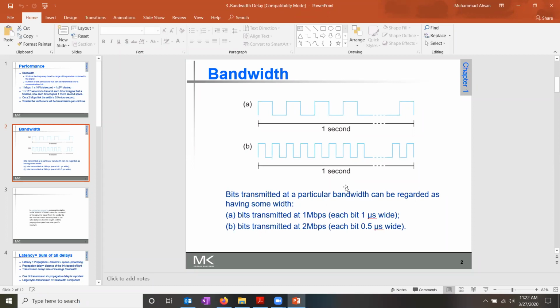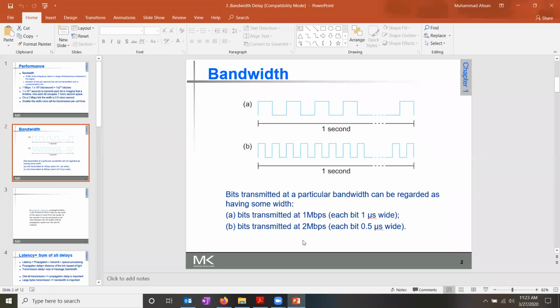In the first diagram, bits are transmitted at 1 megabit per second. 1 megabit means 1 over 10 raised to the power 6, so every bit is 1 microsecond wide. It means the width of the bit, or the TB, the bit duration, is 1 microsecond. This one brick or slab is the TB, the bit duration. And in the first part of the diagram, it is 1 microsecond.